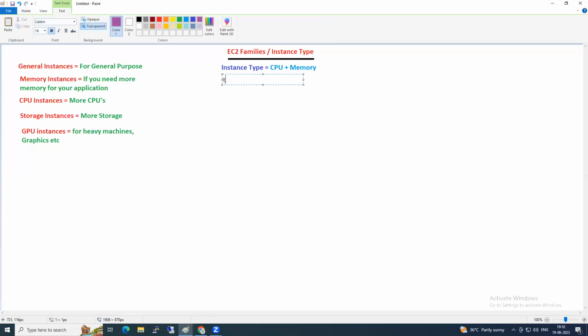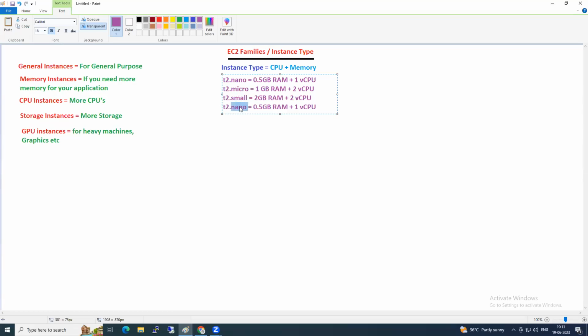The names will be T2 Nano. T2 Nano has only 0.5 GB RAM plus, let's say, one virtual CPU. This is one type. And T2 Micro has 1 GB RAM and let's say 2 CPUs. Next, after Micro, Small has 2 GB RAM, 2 CPUs.